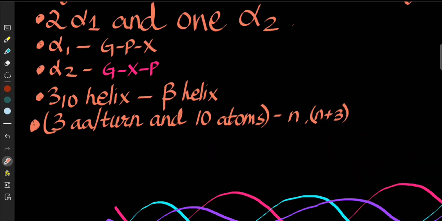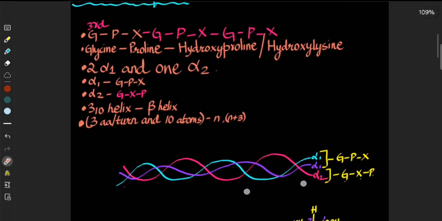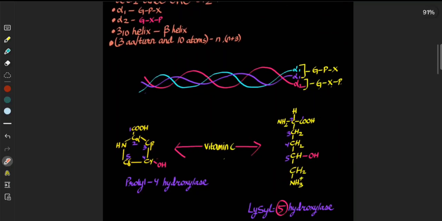So if you are still confused, I request you to go back to my alpha helix video and watch it and come back so that you'll be able to understand what exactly I mean. But you just have to remember that the helical structure is actually a beta helix, and the beta helix is usually the 3 10 helix, right? Now let us see another thing.